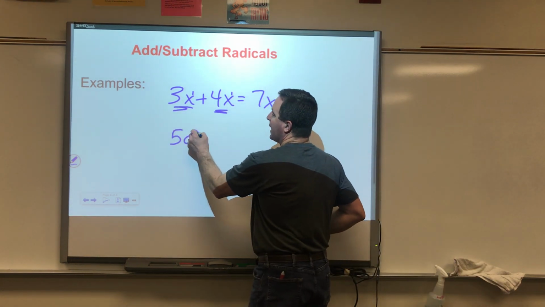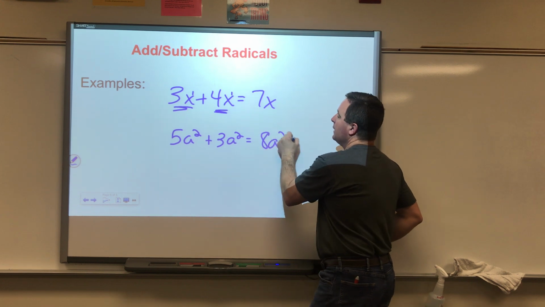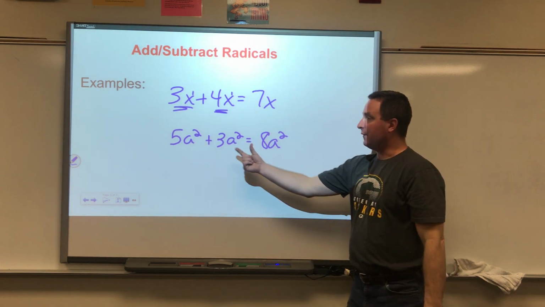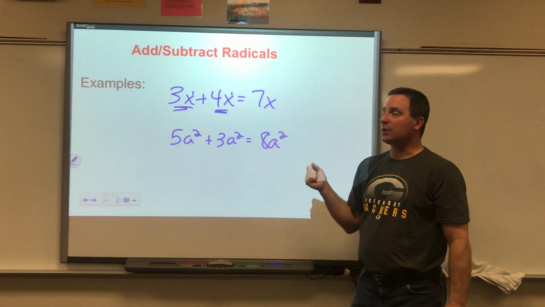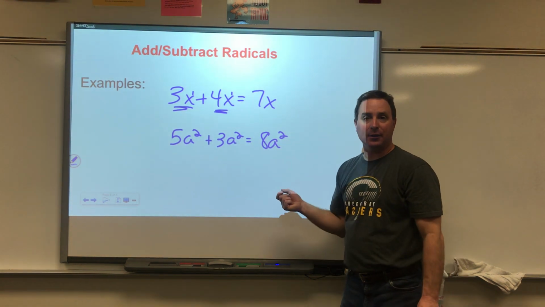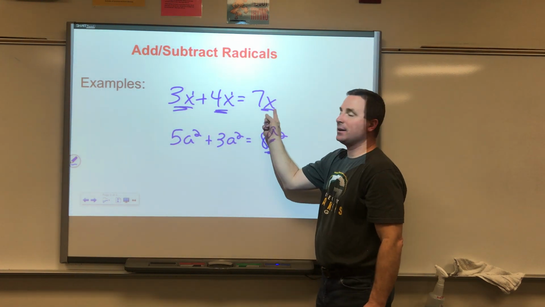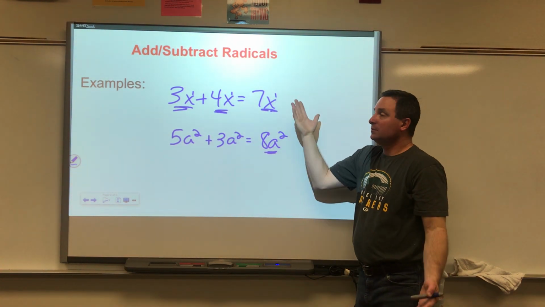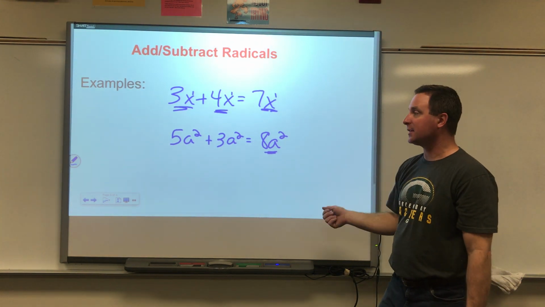What if I had 5a squared plus 3a squared? That's 8a squared. Again, the variables are the same, and they have the same power. Okay, both of those things have to match. If they do, I can add them together. And notice how that part stays the same. When I added these 3x plus 4x, it wasn't 7x squared. It just stays 7x. The variable part, the exponent part stays the same.